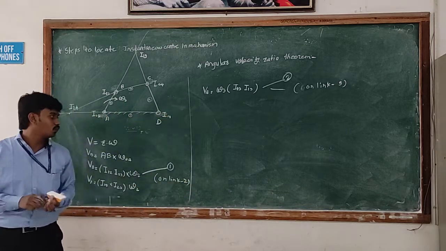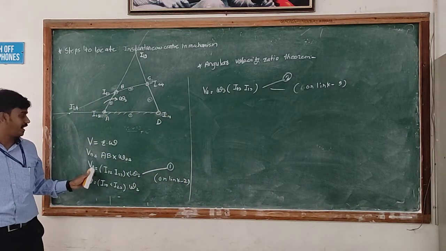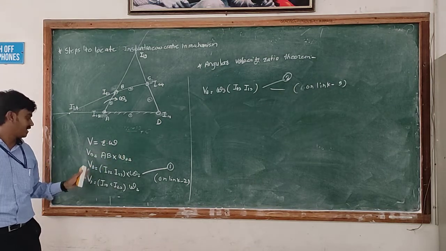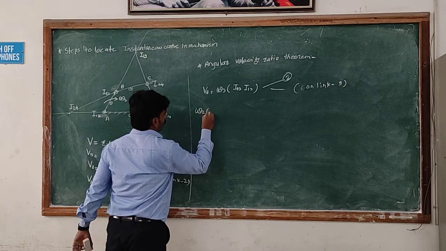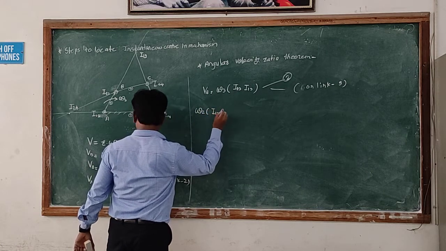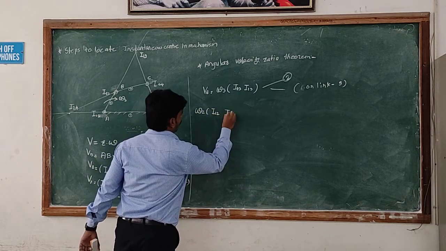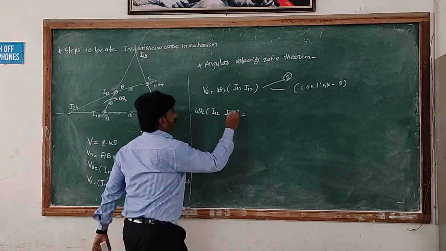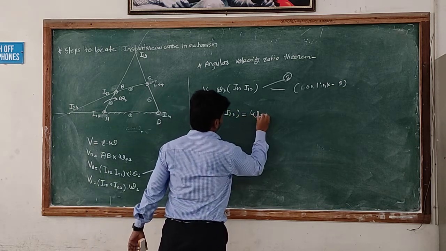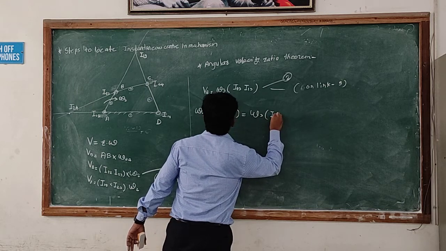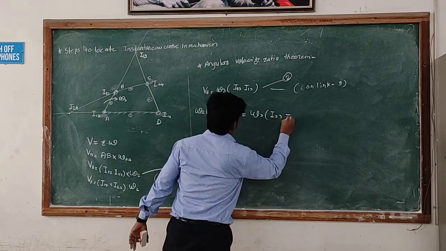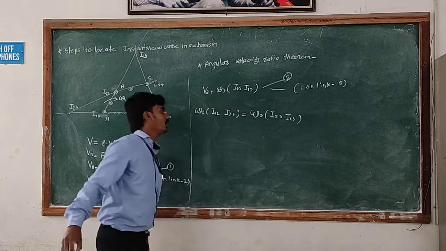Equation 1 and equation 2 are both equal to VB. So omega 2 into I12 and I23 equals omega 3 into I23 and I13.